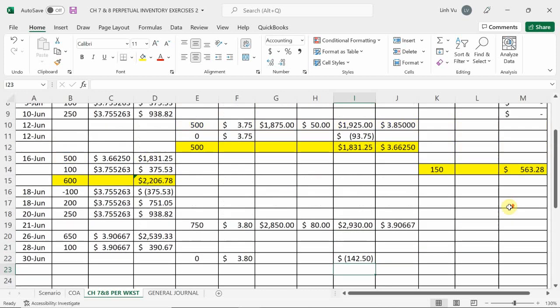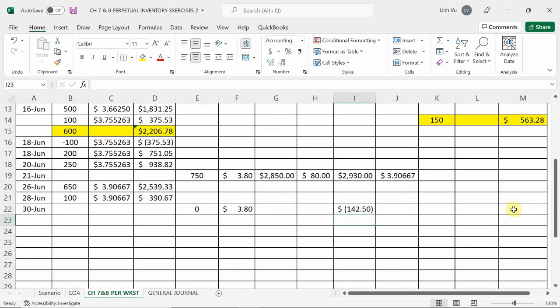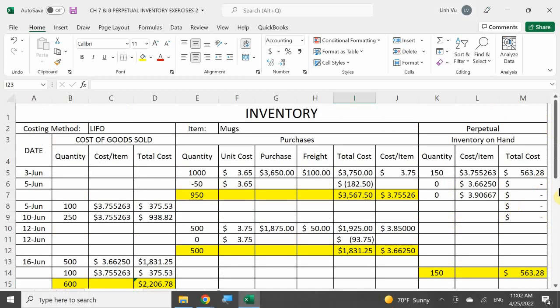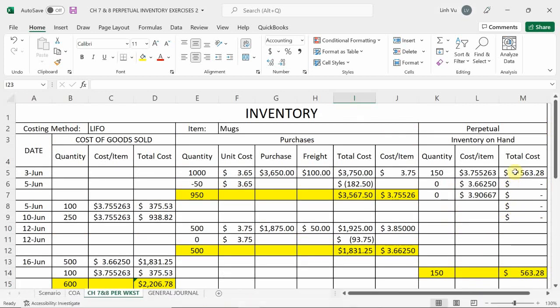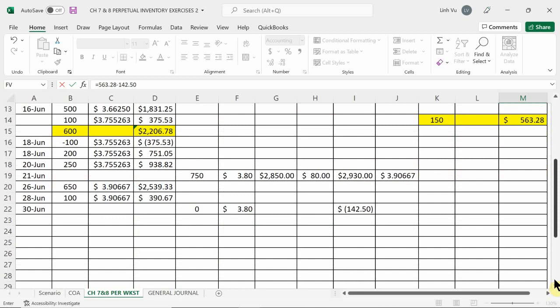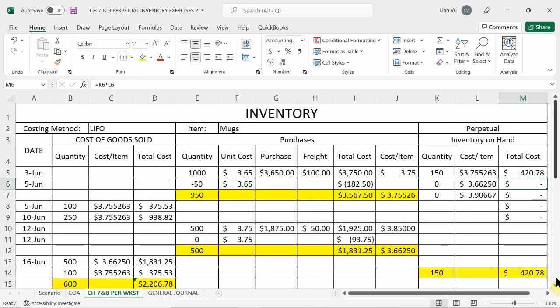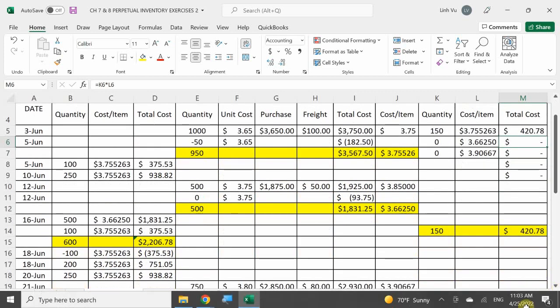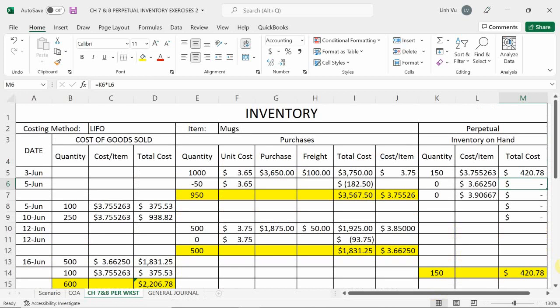And what I'm going to do is here, because this belongs to the last batch of inventory, I just have to adjust it accordingly to the only batch of inventory I have available, which is this 150 at 563.28. 563.28 minus that 142.50. Okay. And I should get a grand total of $420.78. And my ending balance should still be at 150 units.